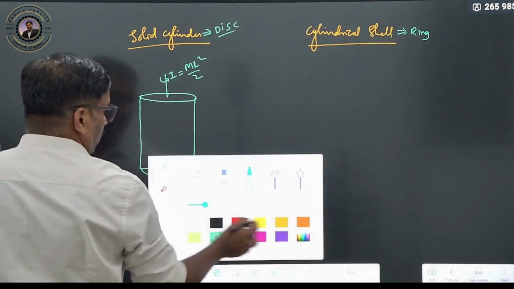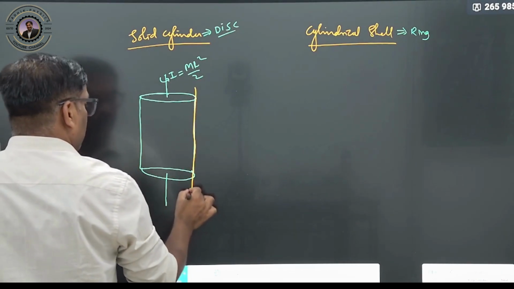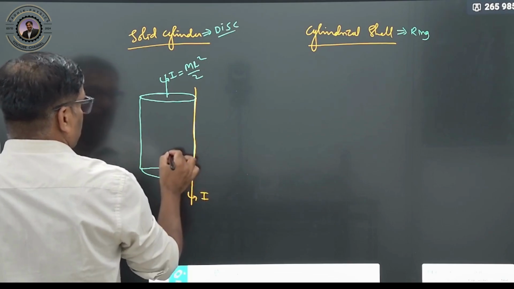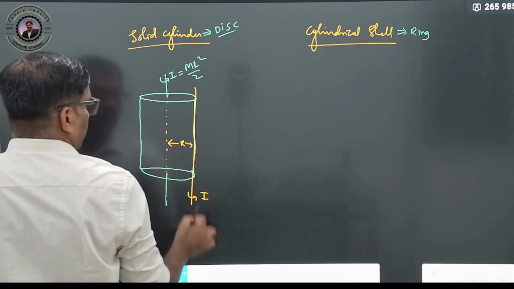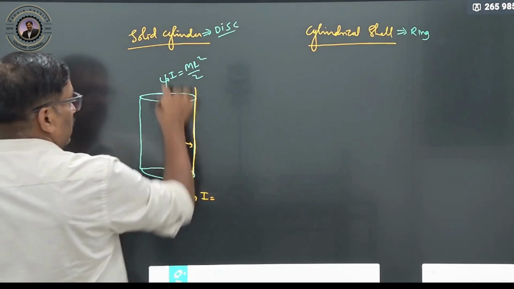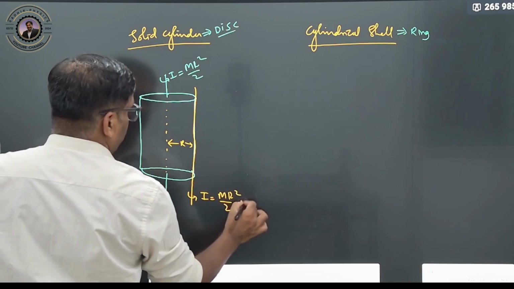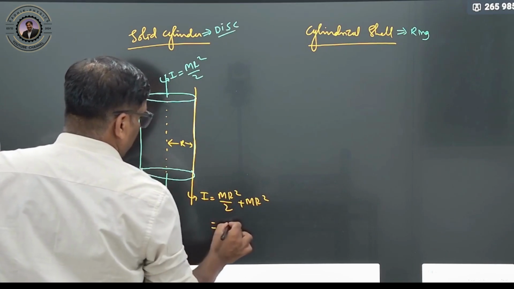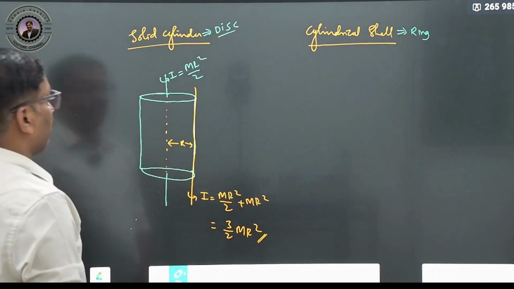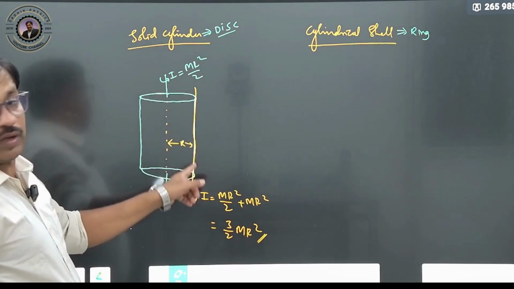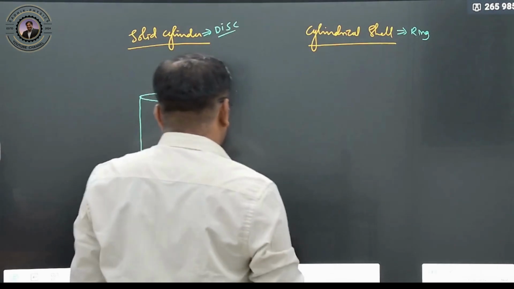Therefore here this will be your I. This is your R. I is equal to Ig, so MR square by 2 plus MR square. Therefore 3 by 2 MR square will be your moment of inertia for an axis passing along the tangent, along the line.